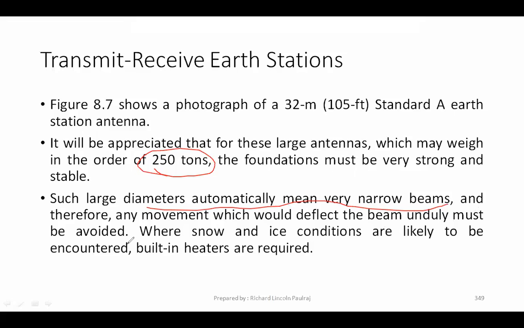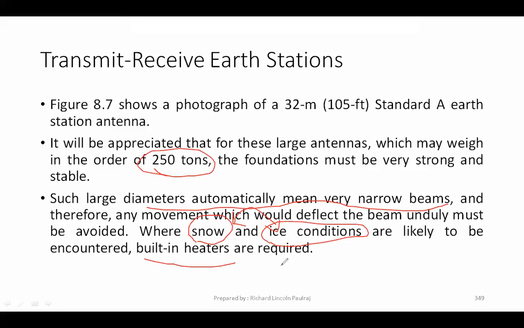In some countries, we do have snow problems and ice conditions. All these can actually hamper our communication system. So in order to counter these snow and ice, you will even have systems which are built in with heaters, which take care of the snow and ice.